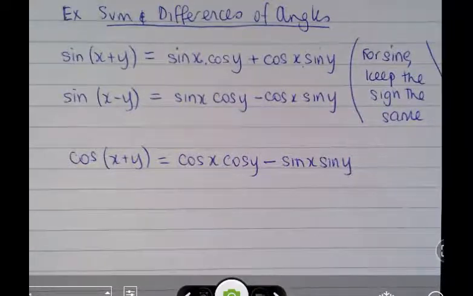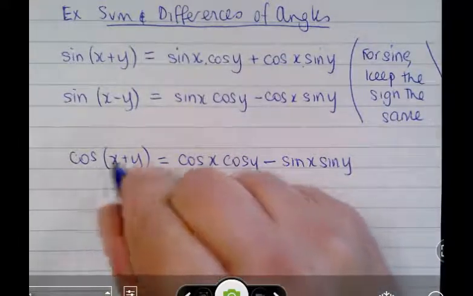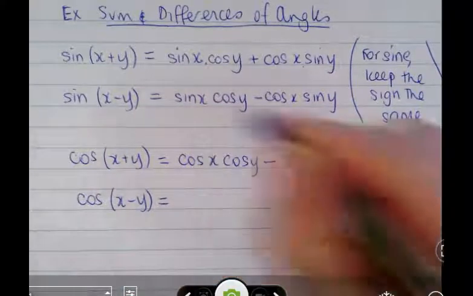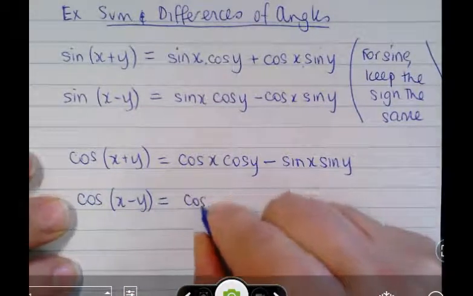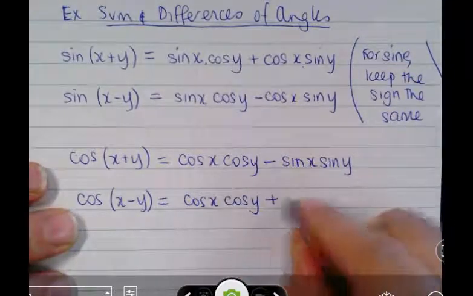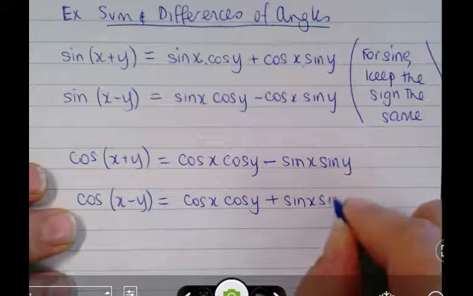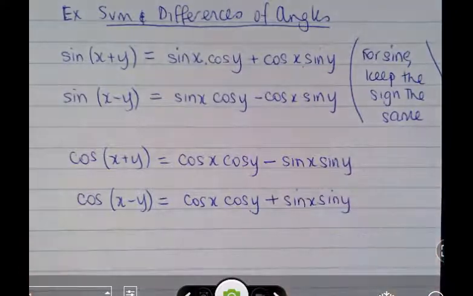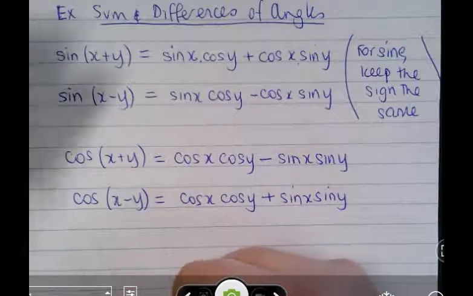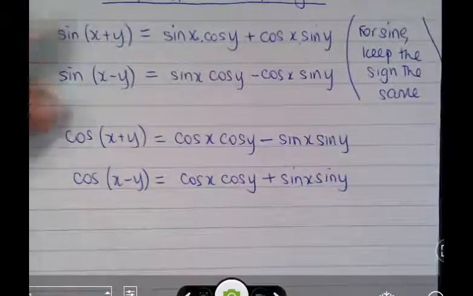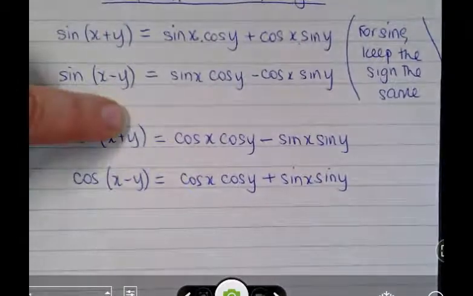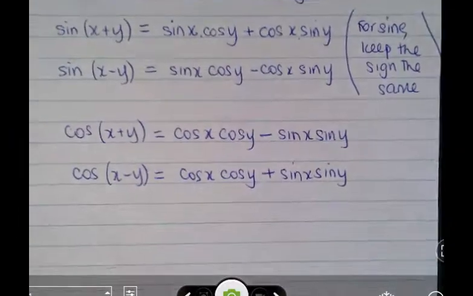That is the sum of two angles with cos. Here is the difference of angles with cos: the same formula, cos x cos y plus sine x sine y. So for sine, keep the sign the same: plus, plus, minus, minus. For cos, it's different.